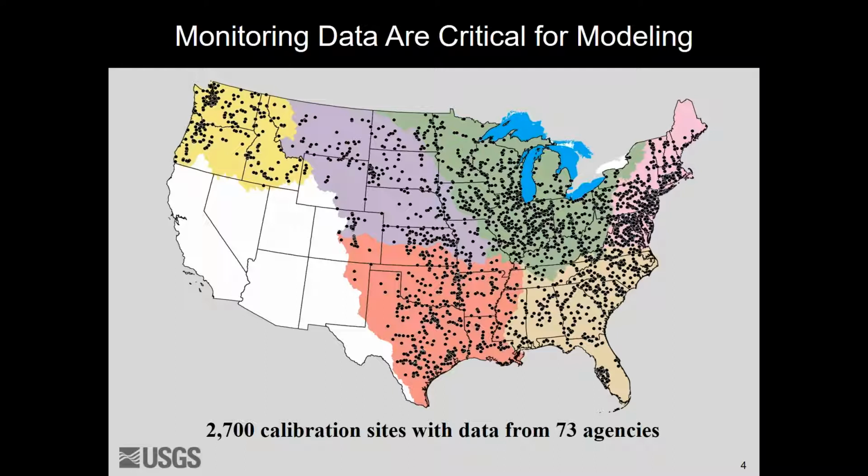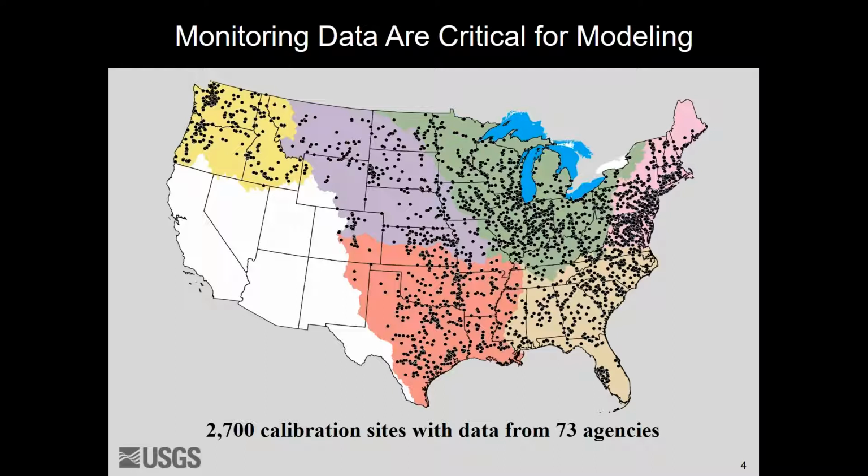So for that reason, we put significant effort into locating and incorporating as much monitoring information as possible, including any data from federal, state, or local monitoring programs. The result of that effort for these models that you see here is that we were able to gather enough data to calculate loads for 2,700 sites, and that included data from 73 different agencies.